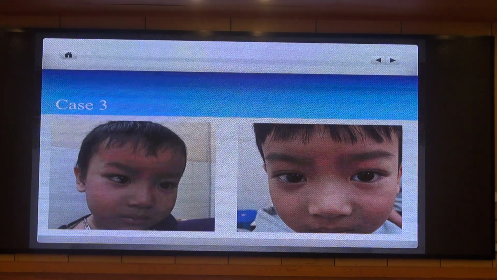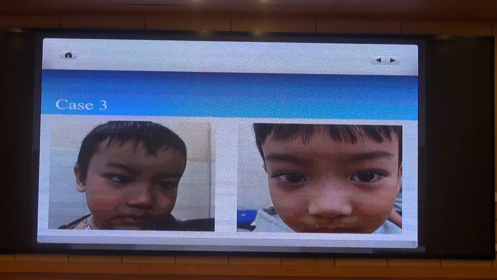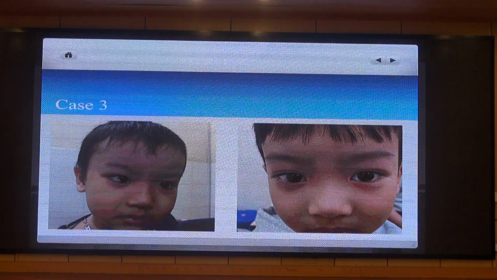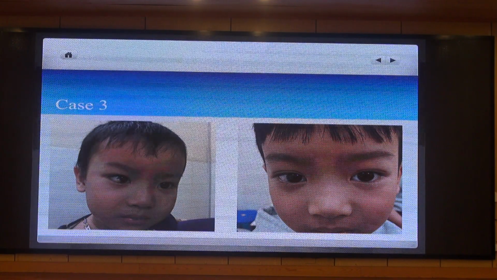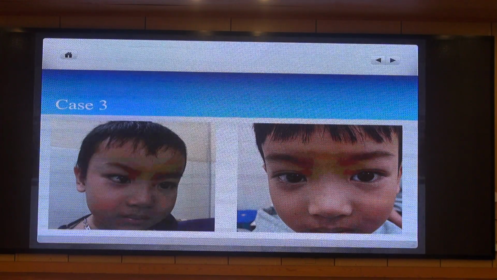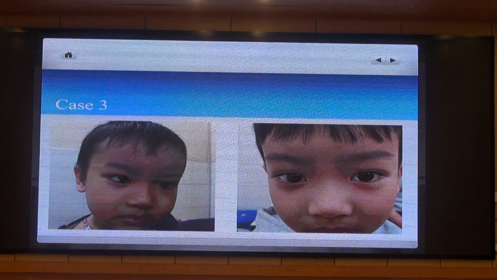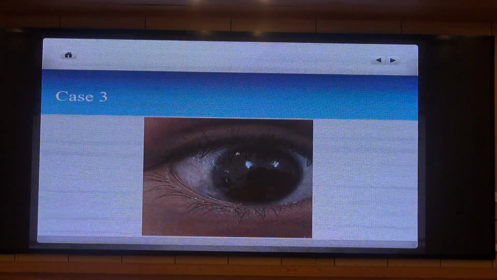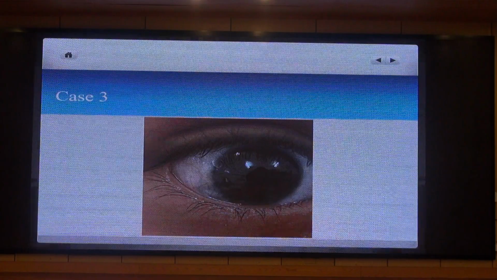Another case, after 2 years with DALK treatment, the graft is clear too, and his vision is 20/30 in the right eye. This picture of his eye is good.